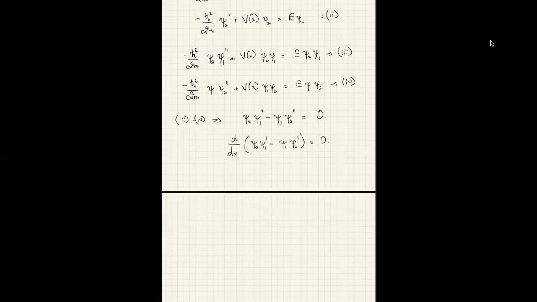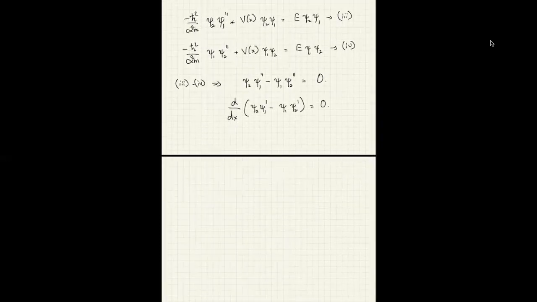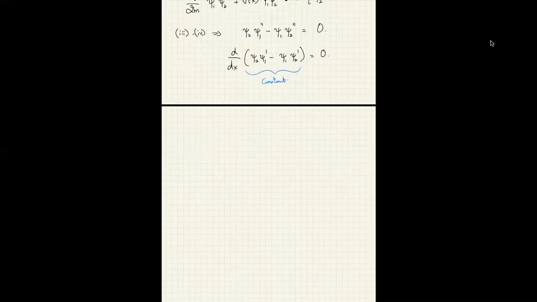The second equality follows because the cross term, which is psi2 prime psi1 prime, will cancel between the two terms. So this combination of wave functions is equal to a constant. If I integrate, I show that psi2 psi1 prime minus psi1 psi2 prime equals some constant C.